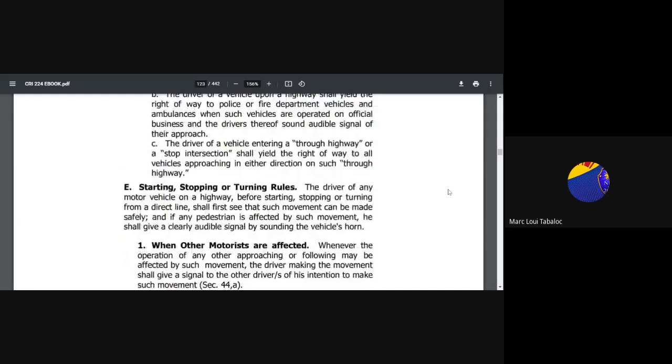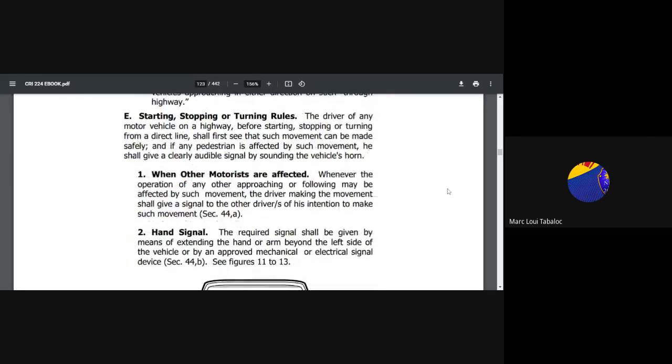Starting, stopping, and turning rules. I mentioned this in a previous meeting. So, before you turn, say you are approaching an intersection and you will turn, always signal first.